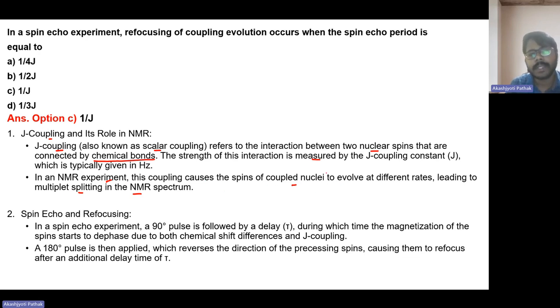That means the nuclei which are chemically bonded to each other evolve at different rates because of the difference in the chemical environment, leading to multiplet splitting in the NMR spectrum, right?